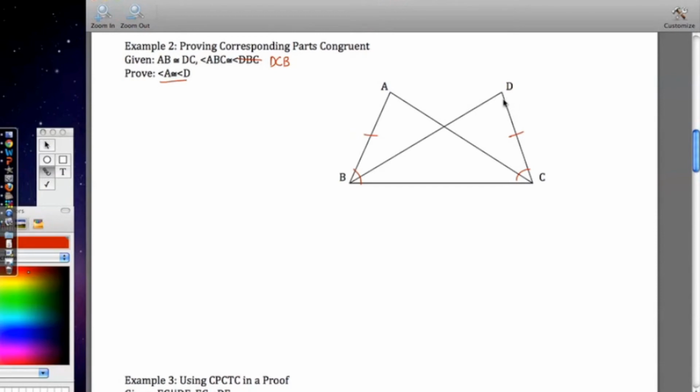Well, let's look here. What do we have? It looks like we're going to have a side, an angle, and a side. So let's say AB is congruent to DC, and that's given. Also, angle ABC is congruent to angle DCB, also given.